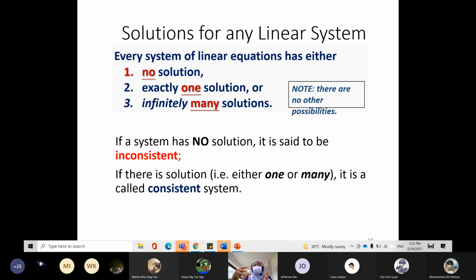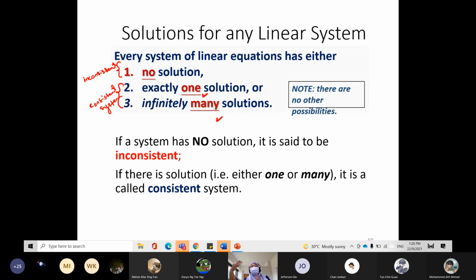If the system has no solution, it means you have an inconsistent system. If you have one or many solutions, it means you have a consistent system. So no solution we call inconsistent. This one is about the system.